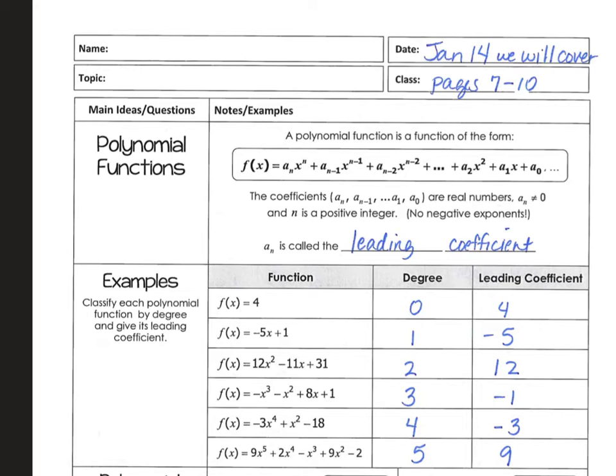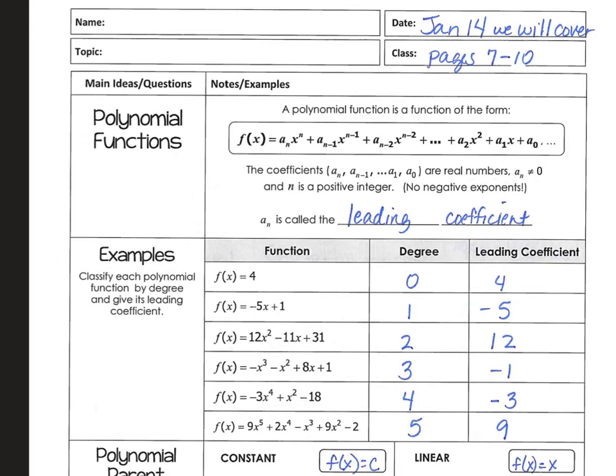Basically, for something to be considered a polynomial function, you cannot have any negative exponents. You also cannot have any variables in the denominator like we talked about before. So that's kind of where they're going with this. So a sub n is how you say that, and they're calling that the leading coefficient.